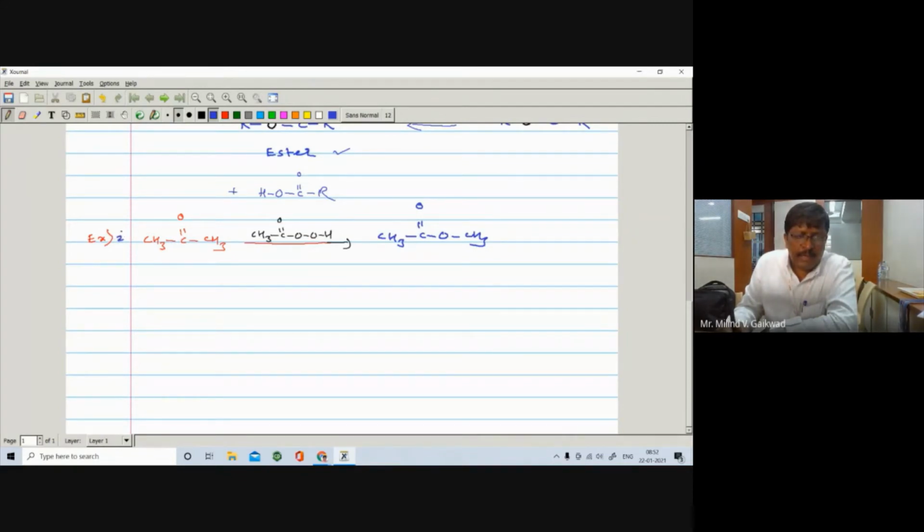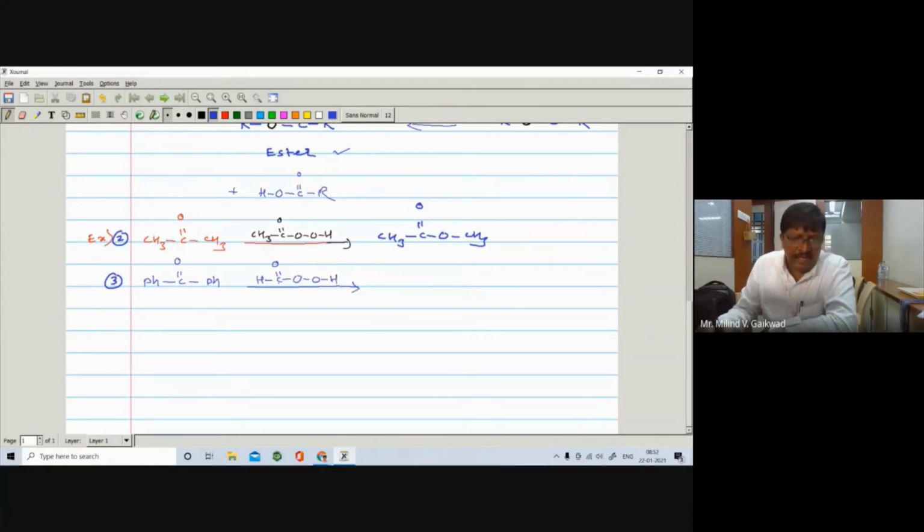Now the next example: suppose instead of methyl, I put a benzene nucleus, C6H5, or you can take Ph for the benzene nucleus. So C double bond O, and here is also Ph. Again we can take a per acid. Suppose I take formic acid, HC double bond O, O and H. You put one more oxygen, so it becomes performic acid.